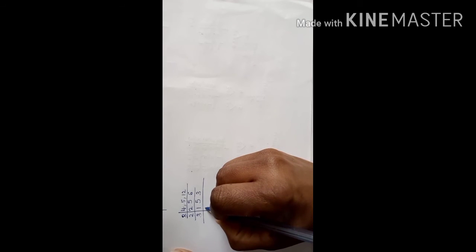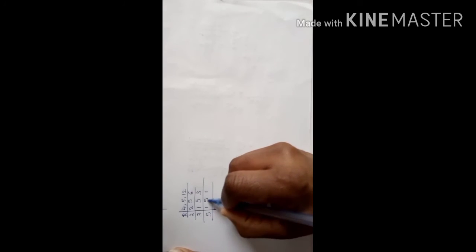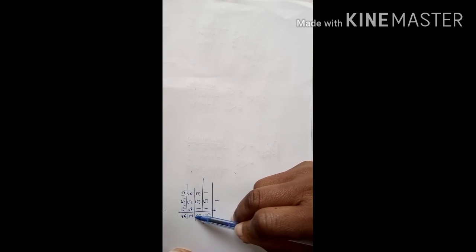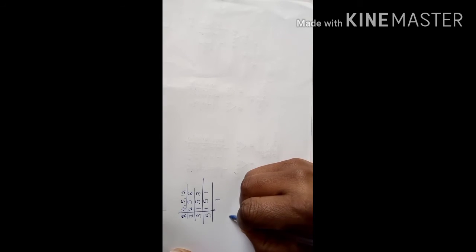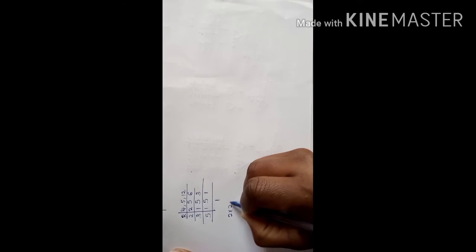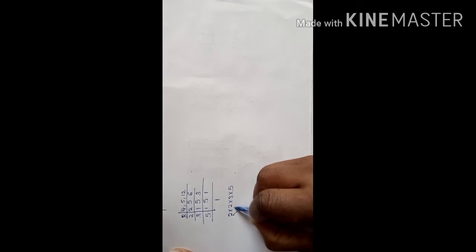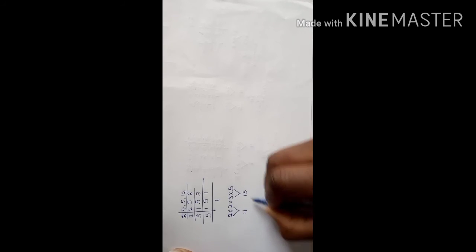Then we can take 3. Here we have 1, and 5 remains as it is. Then 3 divided by 3 is 1. Then take the prime number 5. 5 divided by 5 is 1. So we take the prime numbers that we have used and multiply them: 2 times 2 times 3 times 5. 2 times 2 is 4, 3 times 5 is 15.